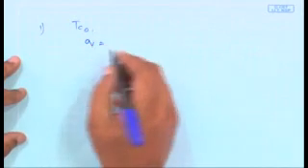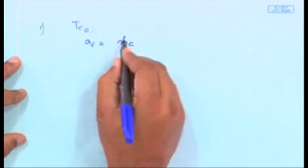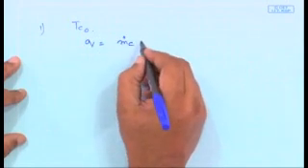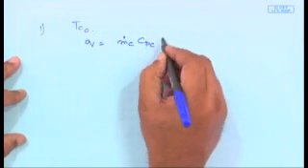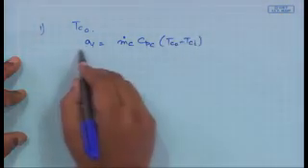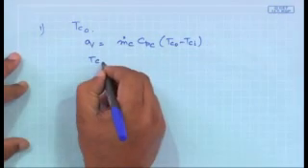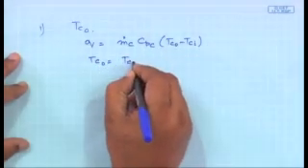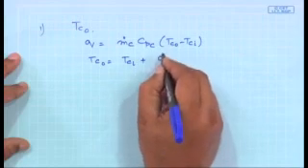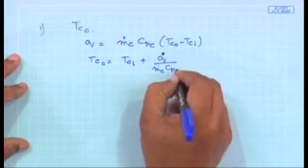So, this Q, the heat to be removed, is m dot Cp of water times TCO minus TCI. That simply comes from a heat balance. Therefore, TCO would be TCI plus Q by m dot Cp.